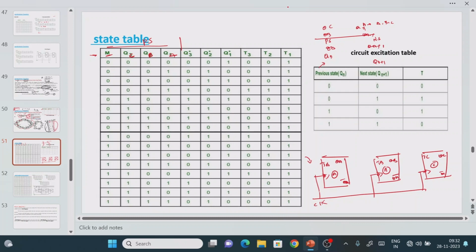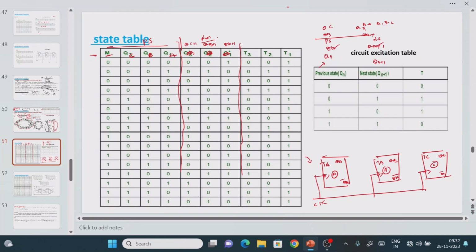To control whether it is up counting or down counting operation, right? So these are the present state values. What are the next state values? For A it is QA plus 1, for B it is QB plus 1, for C it is QC plus 1.